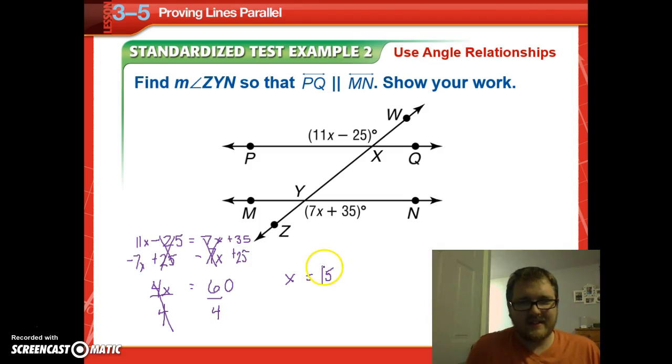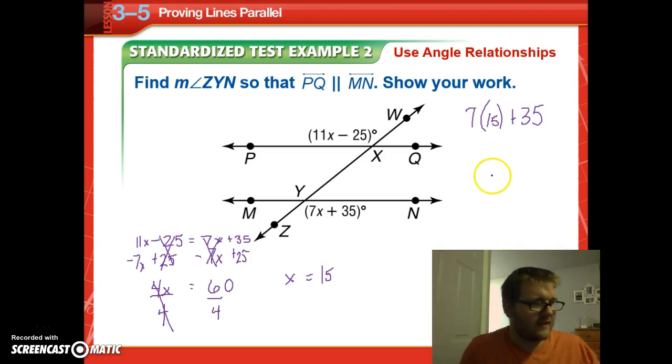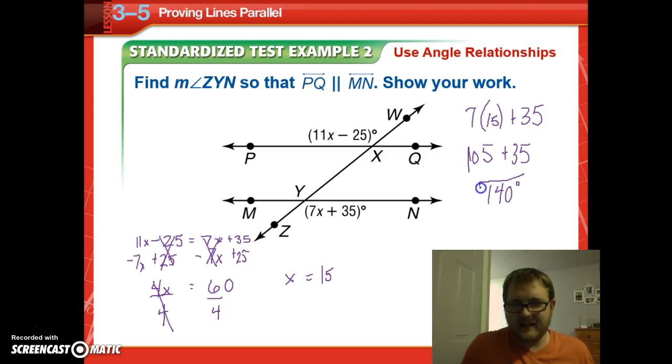So x is equal to 15. If we want to know the angle ZYN, we'll plug that back in. 7 times 15 plus 35 is our angle measurement. 7 times 15 is 105, and 105 plus 35 is 140. So our answer is 140 degrees.